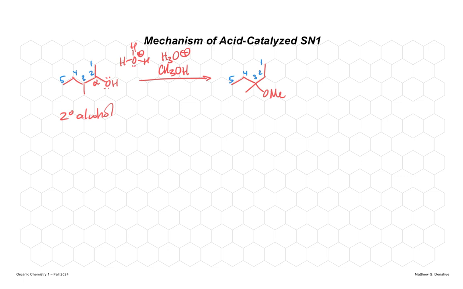So the reasonable thing to do, if hydronium's an acid, the alcohol acts as a base. So it gets protonated. And so now that's the oxonium ion. Now we can break that carbon-oxygen bond, because when we do that, water is going to be the neutral molecule that leaves.